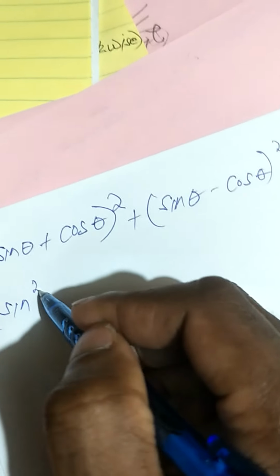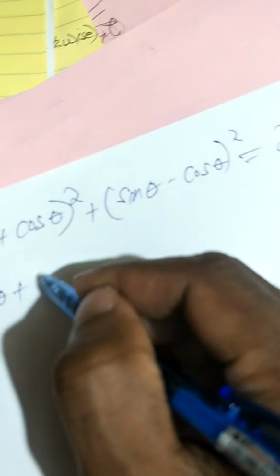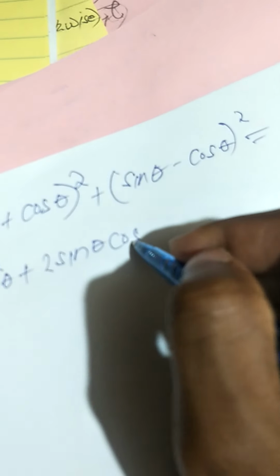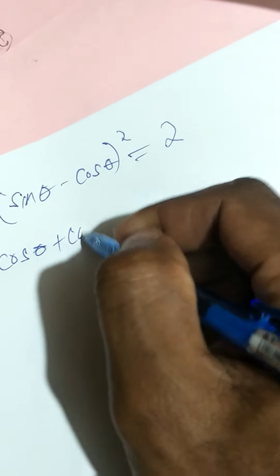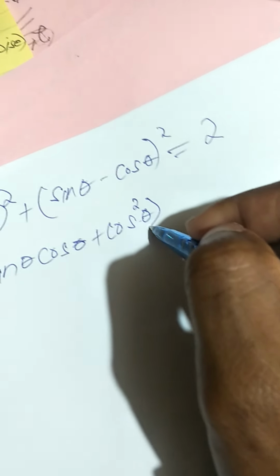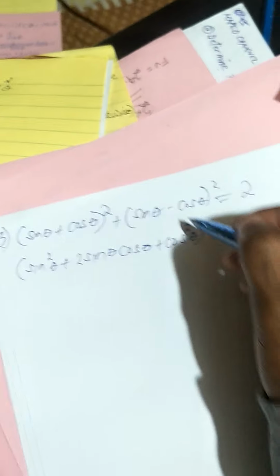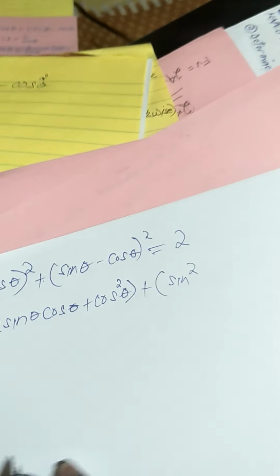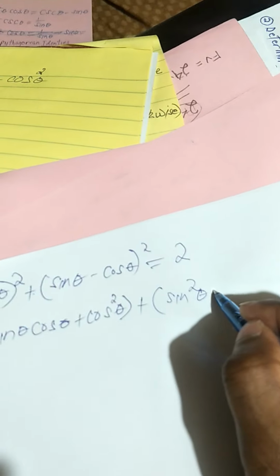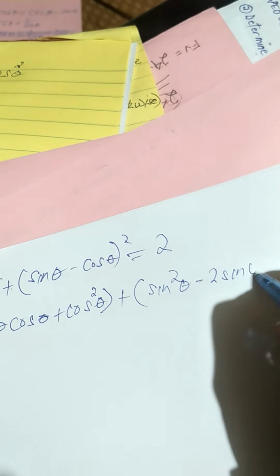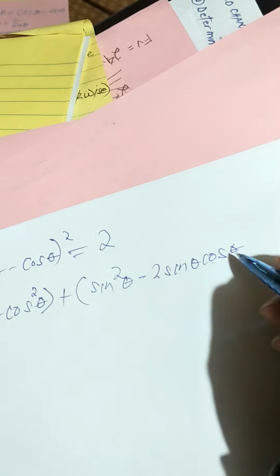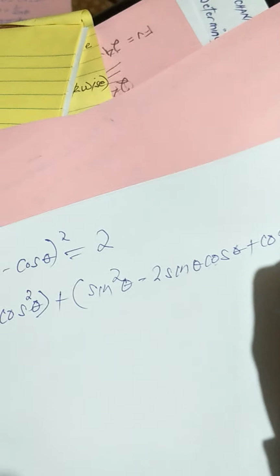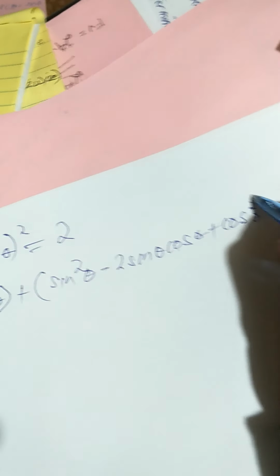So the simplest way to do it is like this: open brackets sin theta squared plus 2 sin theta cosine theta plus cosine theta squared close brackets, plus sign, copy down, open brackets sin theta squared minus 2 sin theta cosine theta plus cosine theta squared close brackets.